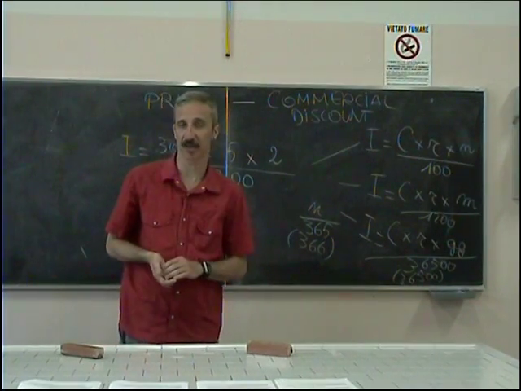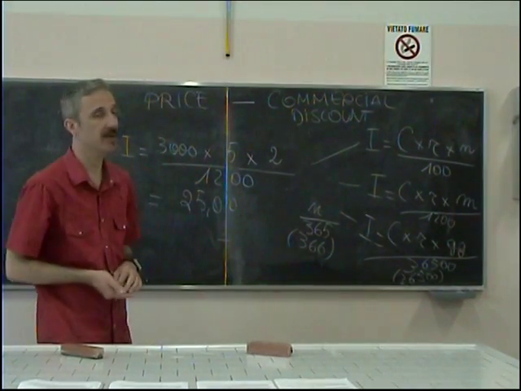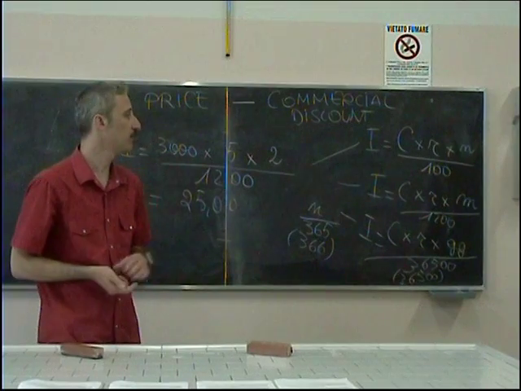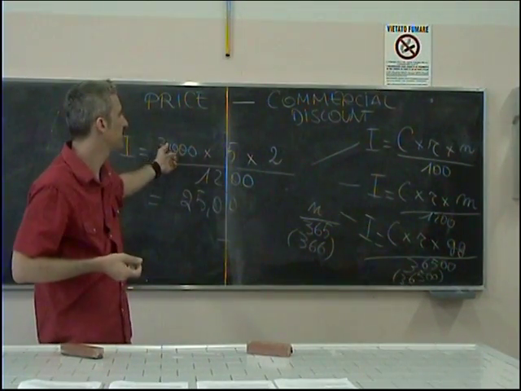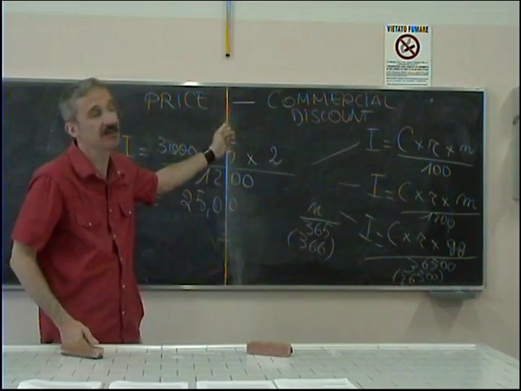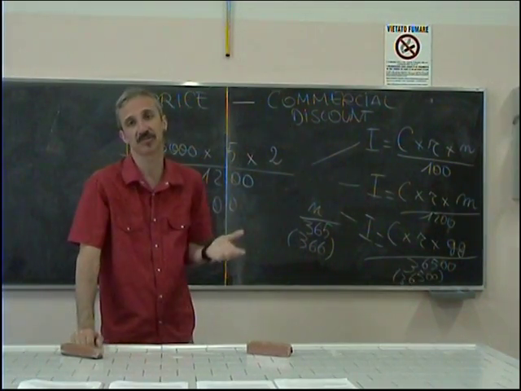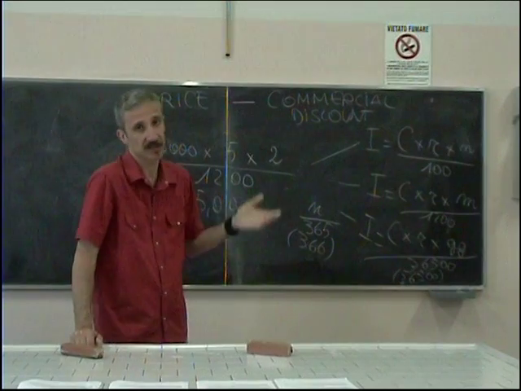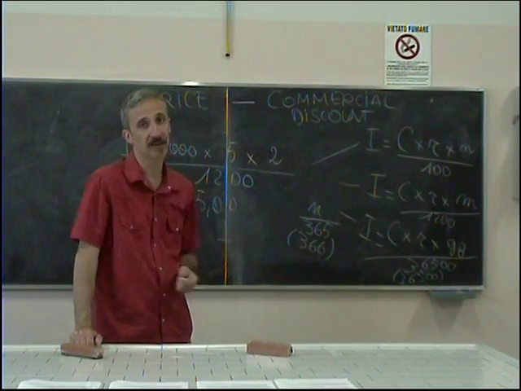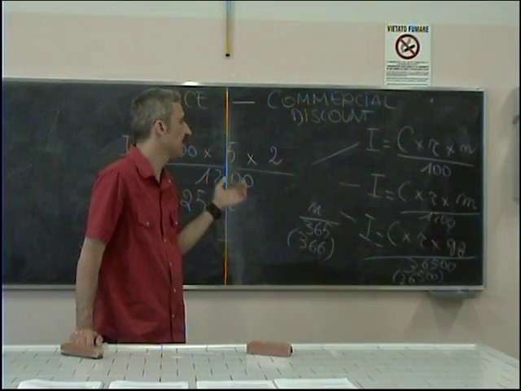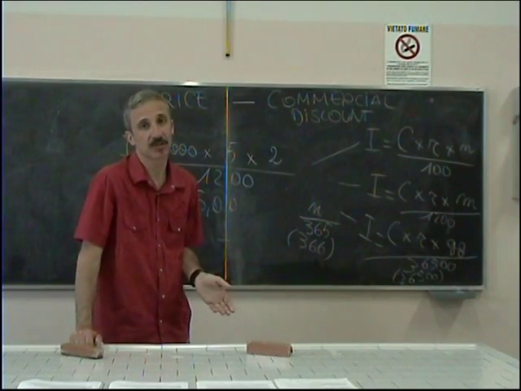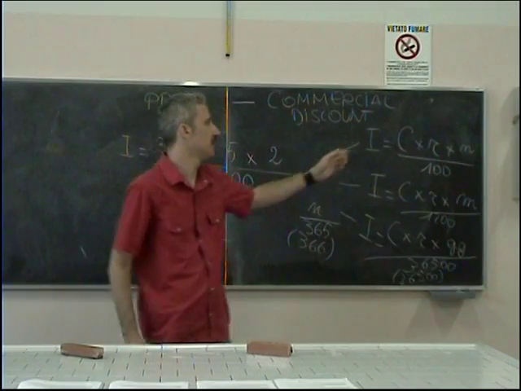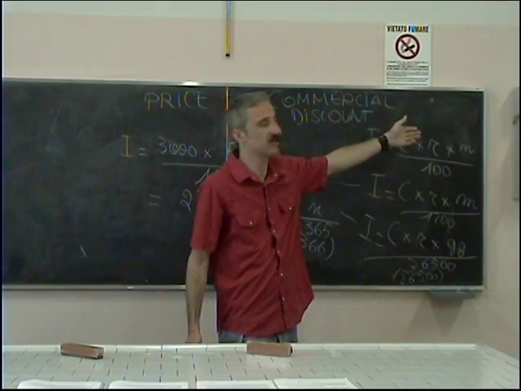Actually, the elements are the same as we have seen right now for the interest. That is, the capital, a rate that in this case we call not interest rate, but commercial discount rate, and the time. And as for the time, we have to make the same three considerations we've made before. That is, in case the time is expressed in years, or in months, or in days.